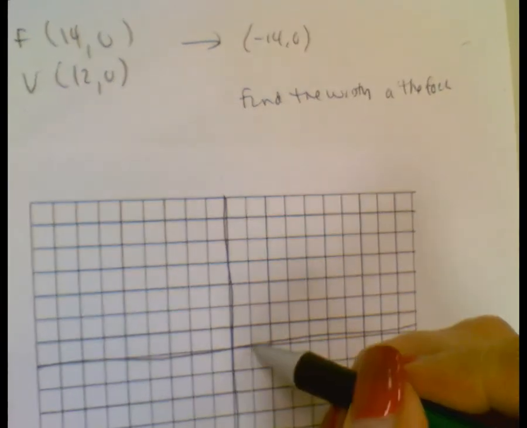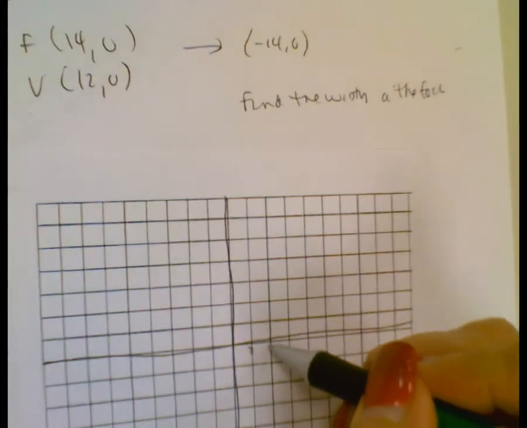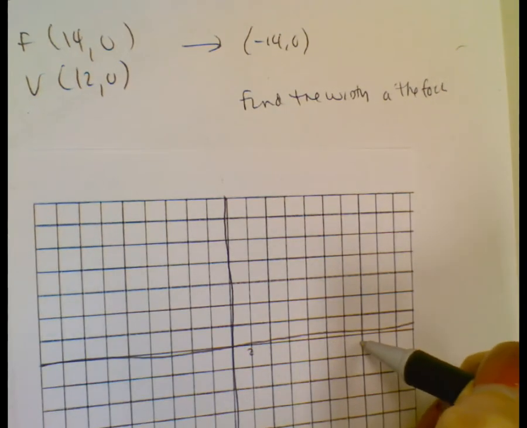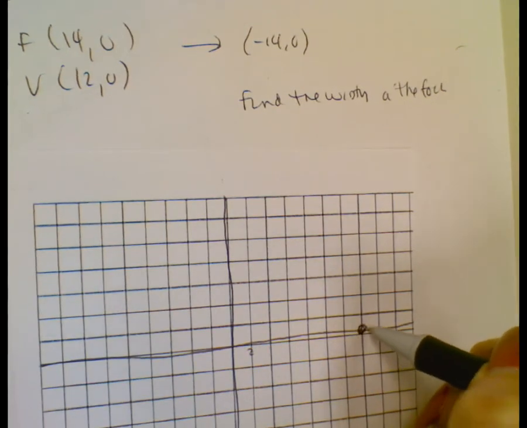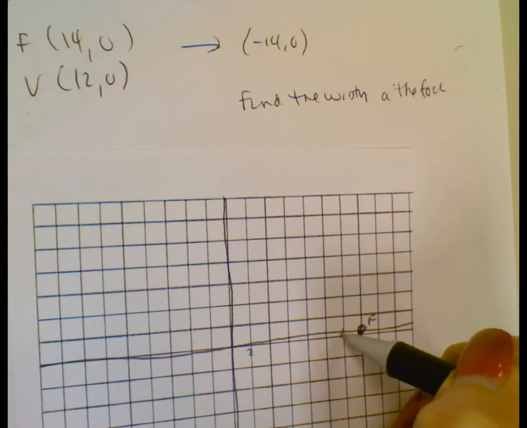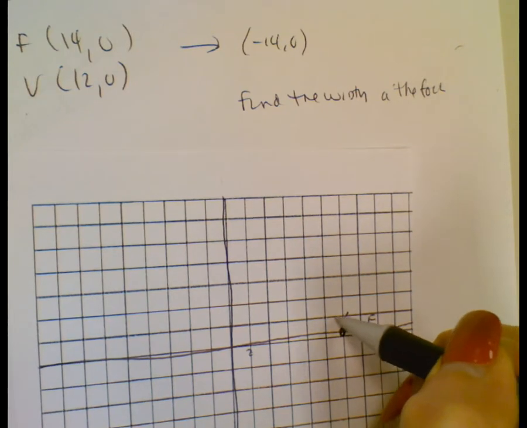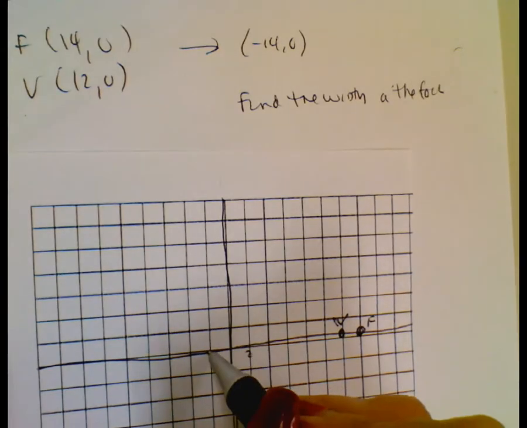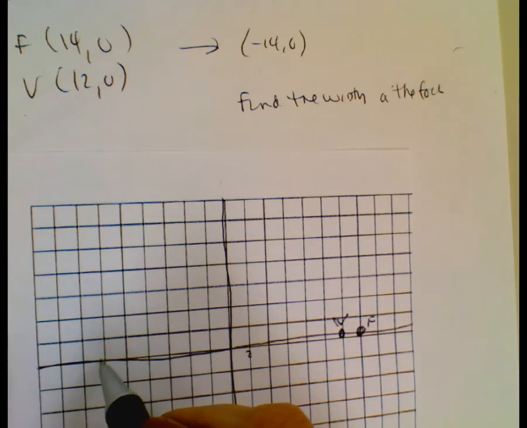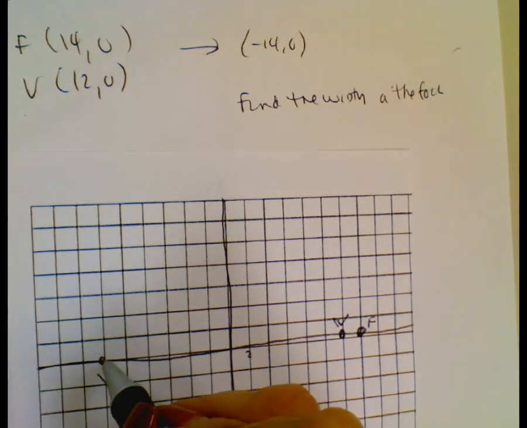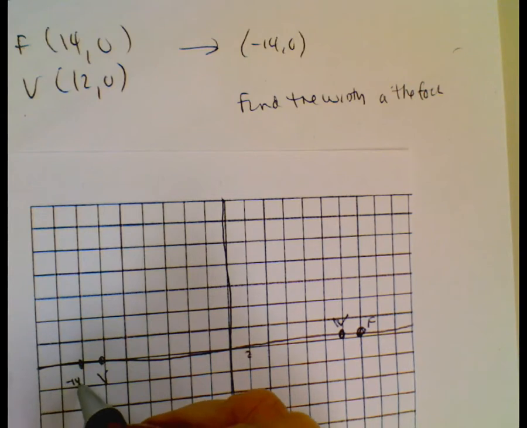So I think I'm going to go by twos. 2, 4, 6, 8, 10, 12, 14. So this is a focus, and this is a vertex, if you go by twos. 2, 4, 6, 8, 10, 12. That's -12, and here's -14.